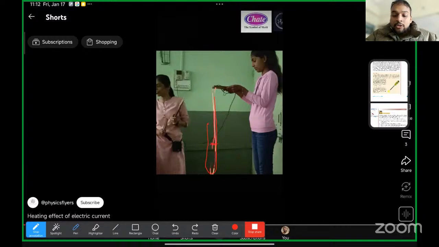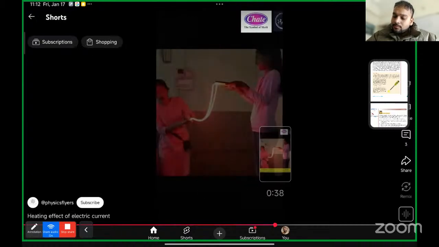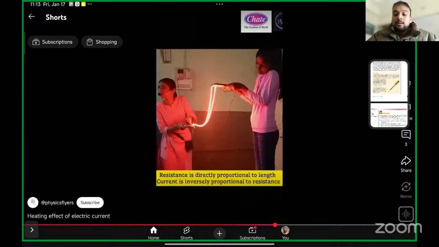But when she joins it, the heat increases. You can see it in the coming video. Because the path becomes shorter, the electric current goes through it and gives a lot of bright light and a lot of heat.